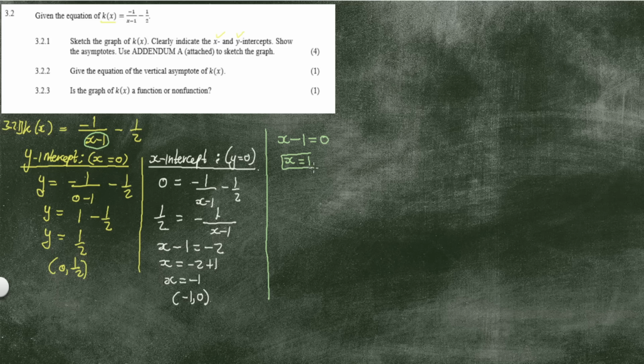So this is the first asymptote: x equal to 1. Now for the y asymptote, we have y equal to minus 1 over 2. That's the next asymptote. So I think we're ready to plot now.